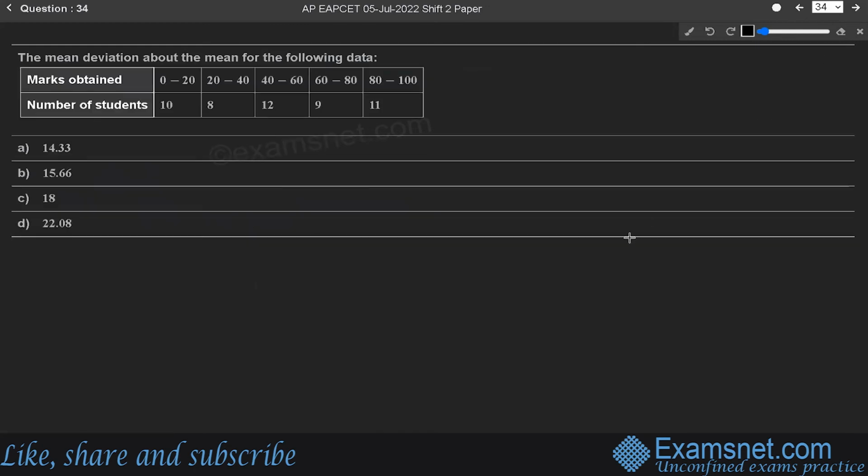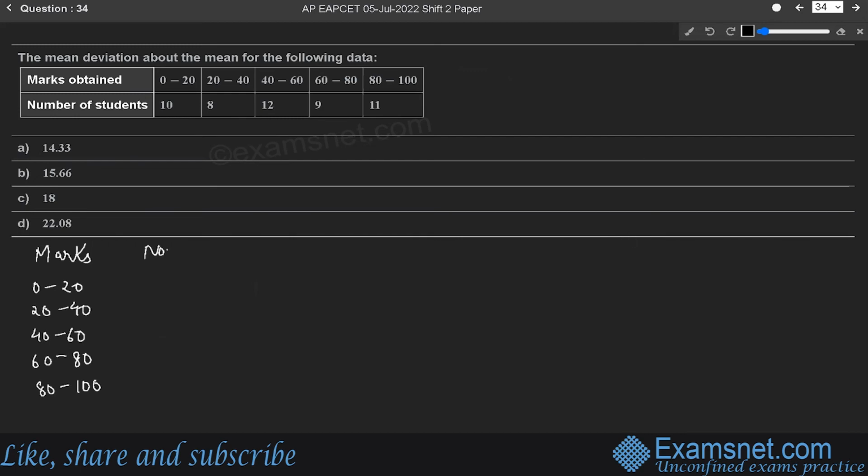Moving on to the next question. Next question is a very, very simple question. The marks are given and we have to find the mean deviation about the mean for the following data. The marks obtained are 0 to 20, 20 to 40, 40 to 60, 60 to 80, and 80 to 100.